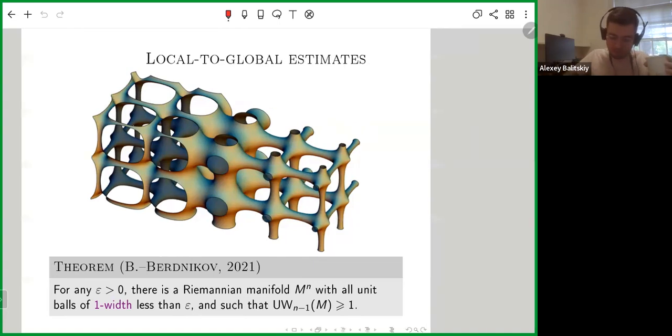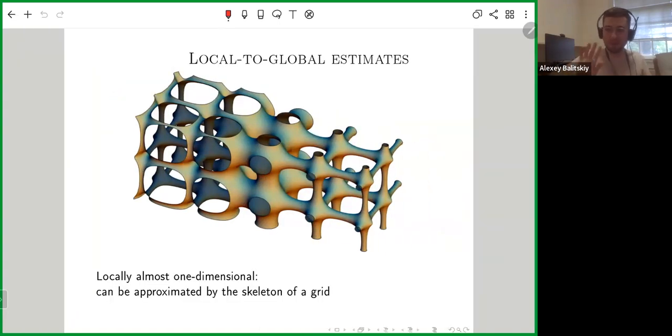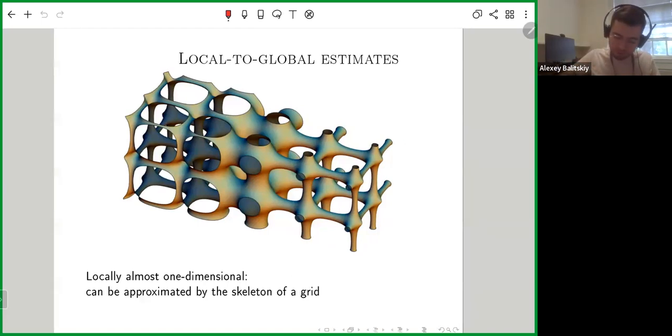Let me say just two words about the reasons. The fact that it's locally almost one-dimensional, as I said already, follows from the fact that you can just project it to a certain cubical grid locally, as long as the piece of the surface that you want to project does not touch both the right side and left side.